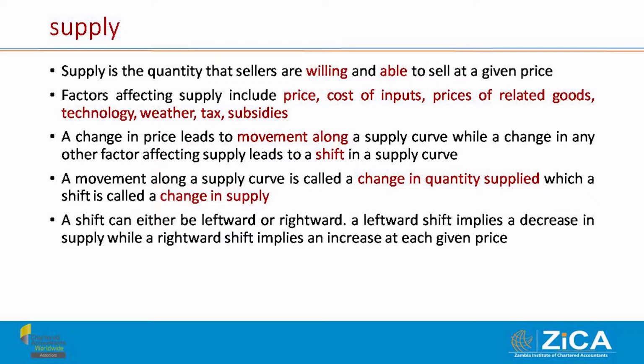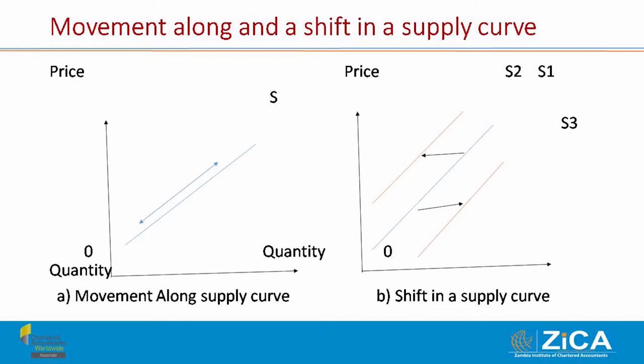It is also very important to distinguish between movement along a supply curve and a shift in a supply curve. Movement along a supply curve is caused by changes in the price of that particular good, while a shift is caused by a change in any of those factors affecting supply other than price.